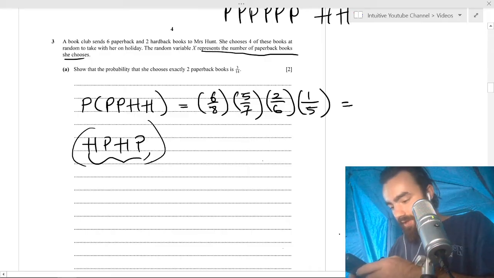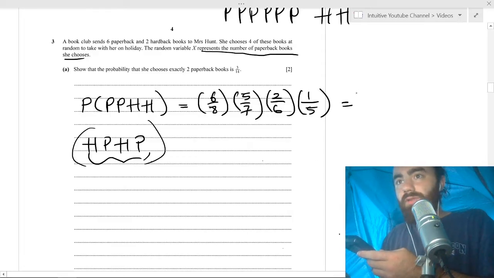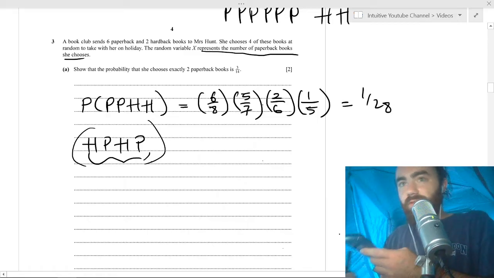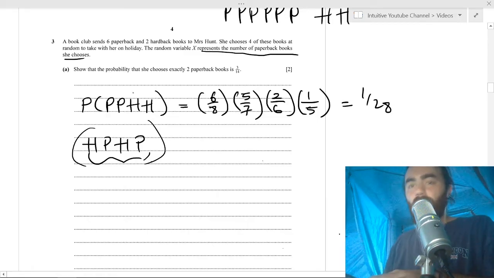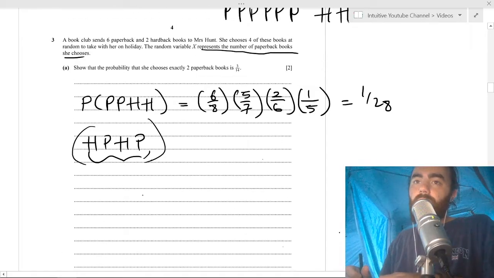So it'd be 6/8 times... this is 1/28. So the probability of this exact picking order to occur is 1/28. But she can pick this in many different ways. The probability of her picking it like this would also be 1/28.